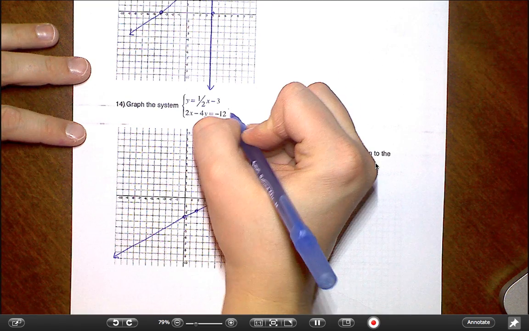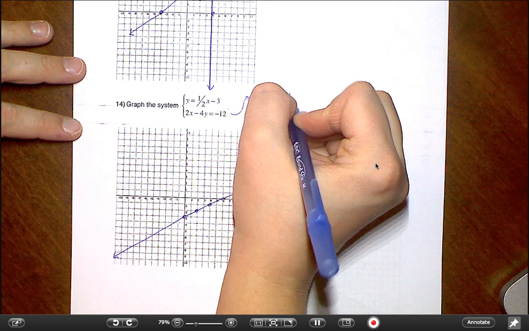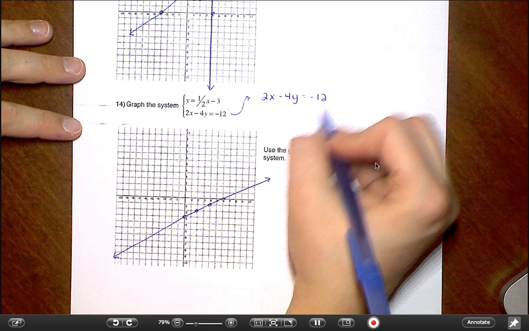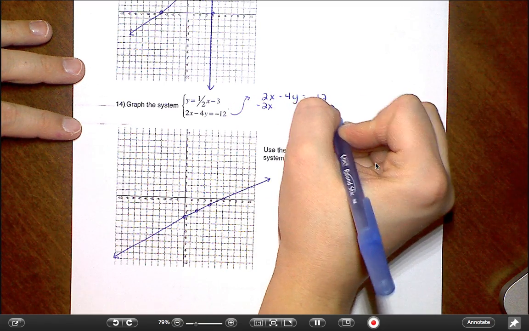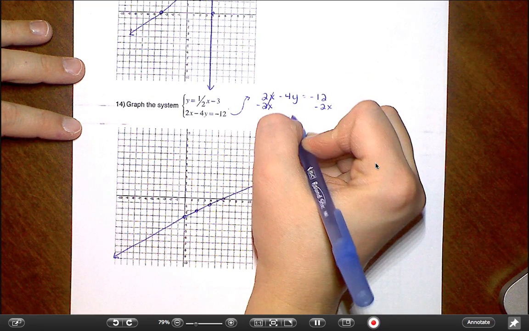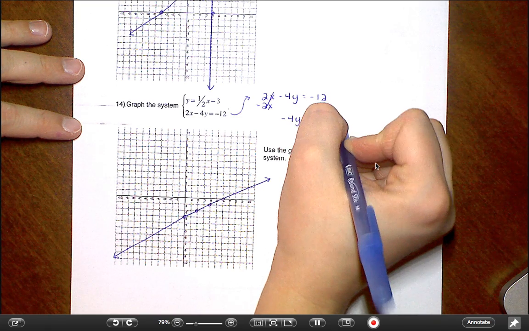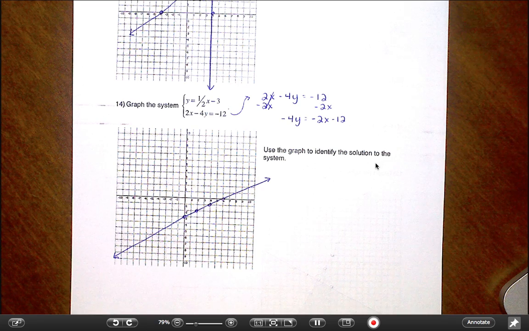But if I wanted to put this in slope-intercept form, 2x minus 4y equals -12. I would start by moving my x over, so minus 2x minus 2x. So I have -4y equals -2x minus 12. Remember, I'm putting the x in front because it's mx plus b.